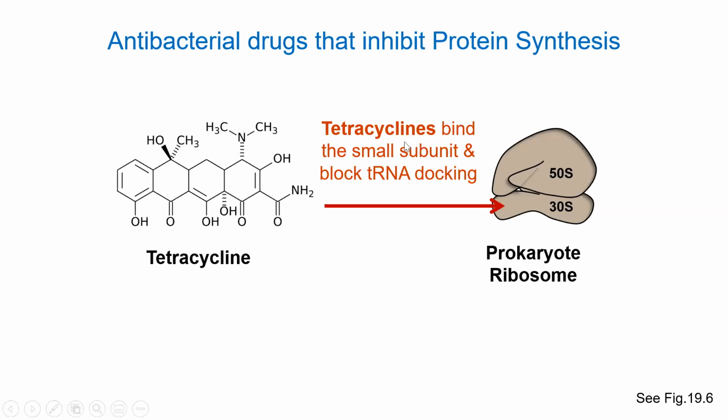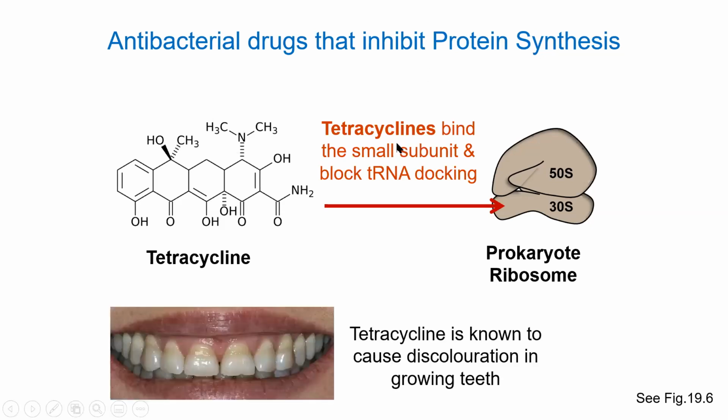I think I have a picture coming up here. Let's see here. There's a picture. Yeah. So one thing about tetracycline is it is known to bind to growing bone. And the compound itself is yellow. I worked with tetracycline, and it's a yellow powder. We try to avoid prescribing these to children because, of course, they have growing bones.